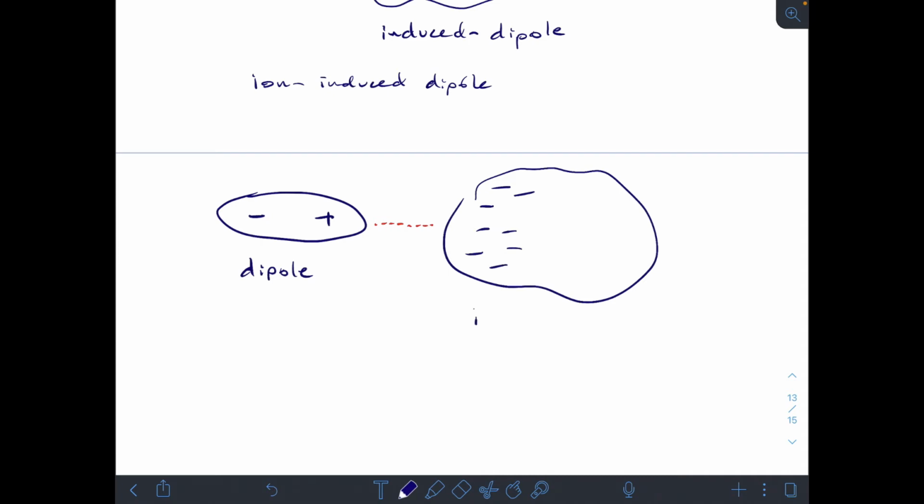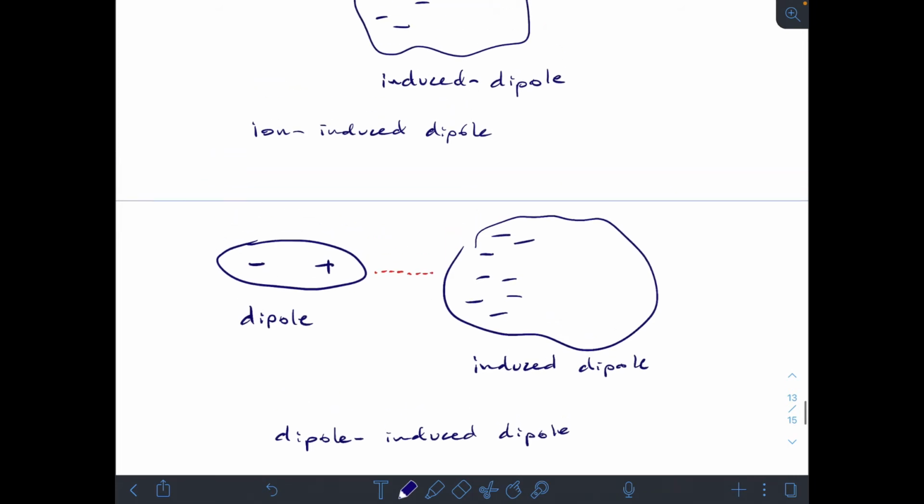So again, we have an induced dipole. So we will call this the dipole-induced dipole. And in terms of strength, we're talking about something that's slightly less than dipole-dipole interactions.